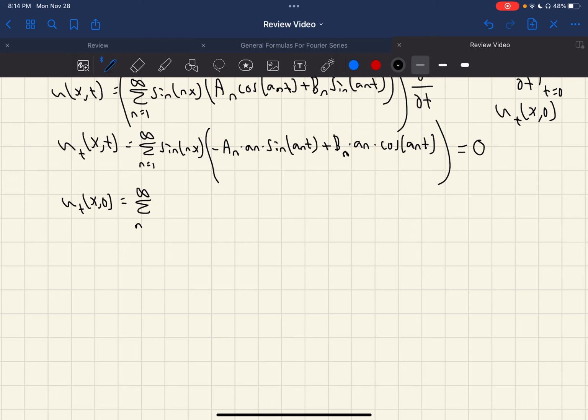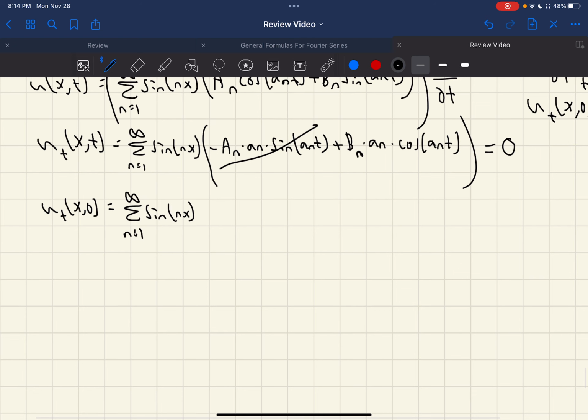When we do that, sine of nx remains the same. So this is probably going to be another sine series. When we plug t into sine, that whole term goes to 0. Then we're left with B n times a n, and the cosine just becomes cosine of 0, which is 1.